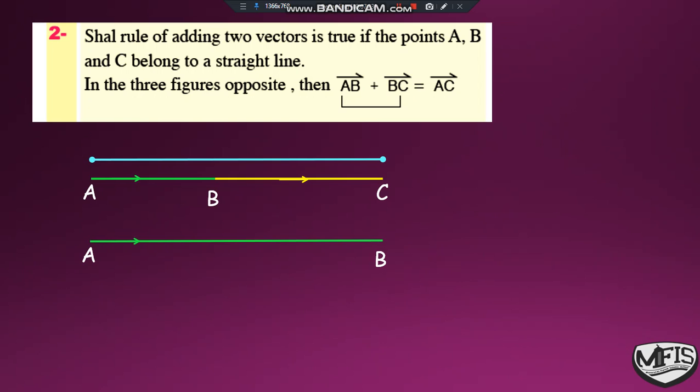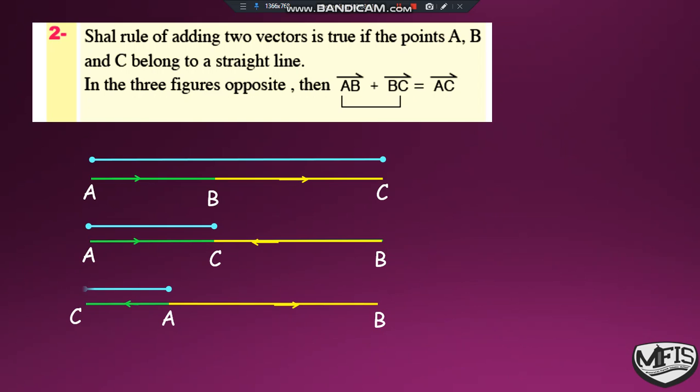And the second one, AB plus BC: I go from A to B like a displacement, then from B to C. So the resultant will also be the start and the end, so I take A and C, which equals AC directed line segment. In the third one, we have AB plus AC. I go from A to B, then from A to C, so the resultant will be AC.